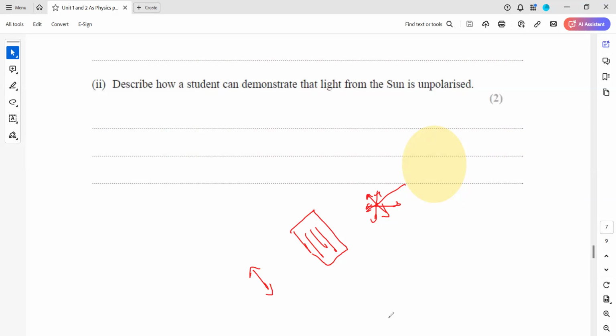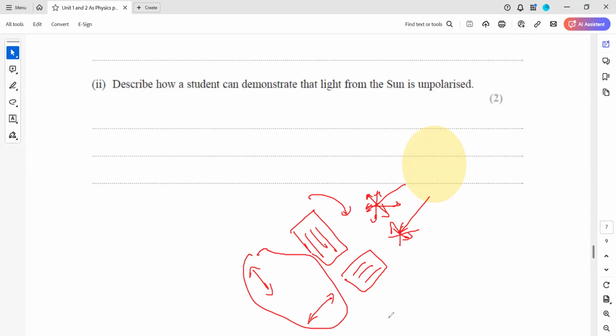So the intensity of the light will decrease. But when he rotates the polarizing filter, the intensity of the light will remain the same. The component of light which is passing will change. First it was vertically polarized, so the vertical component will pass. Then it is horizontally polarized, and the horizontal component will pass. But the intensity of these two will be dim as compared to the original light from the sun. So originally, when we place a polarizing filter, the intensity of the light will decrease.